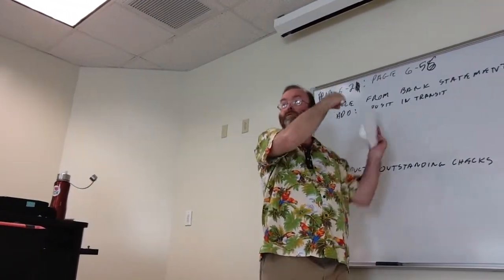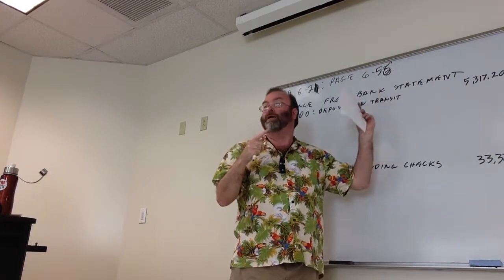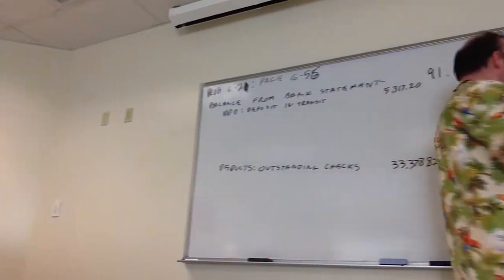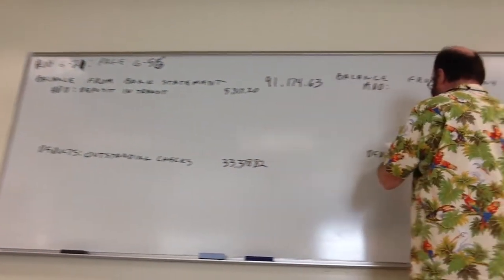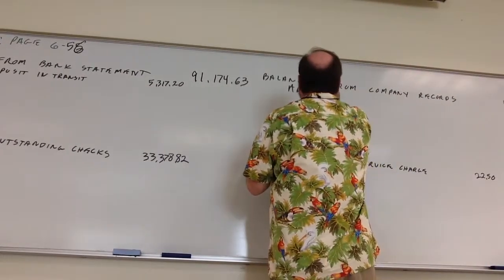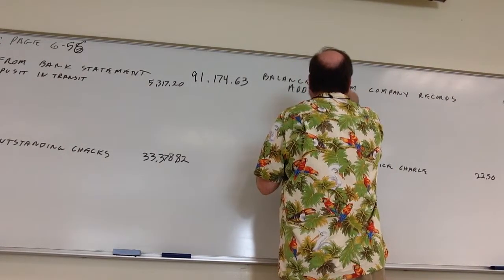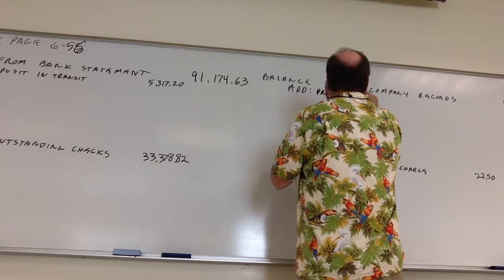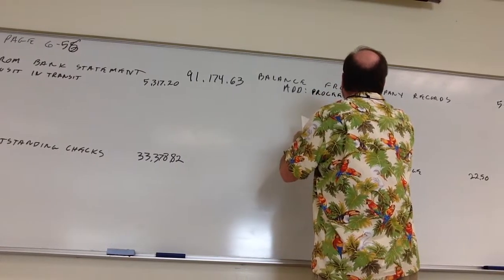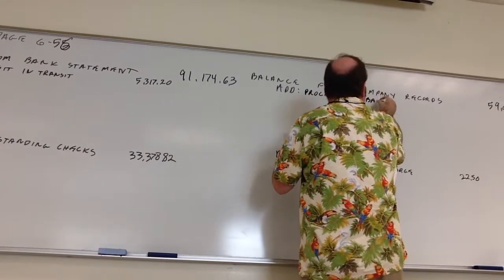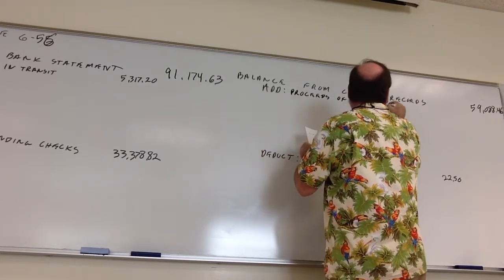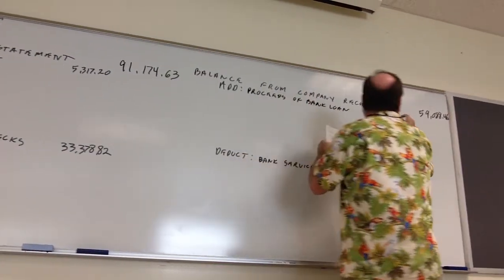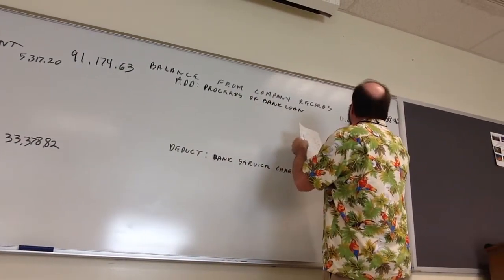Bank or company? Company, because you didn't record it yet. So you need to add proceeds from loan, $11,640.